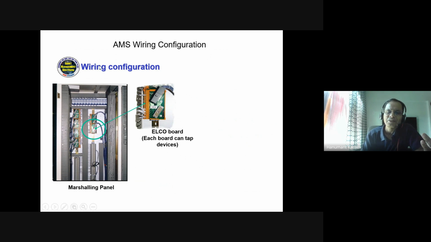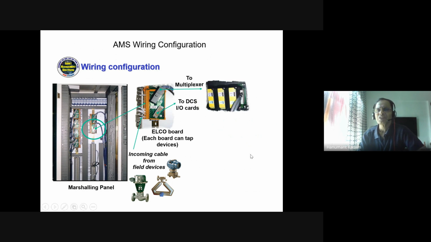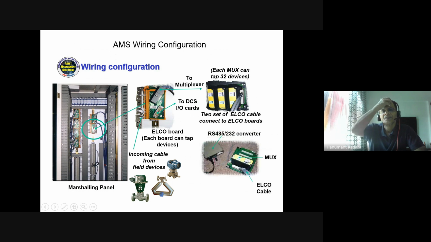Three functions are there. So through this board, incoming cables for field devices, to DCS cables, and you can see the multiplexer here, signal multiplexer. Each mux you can see.